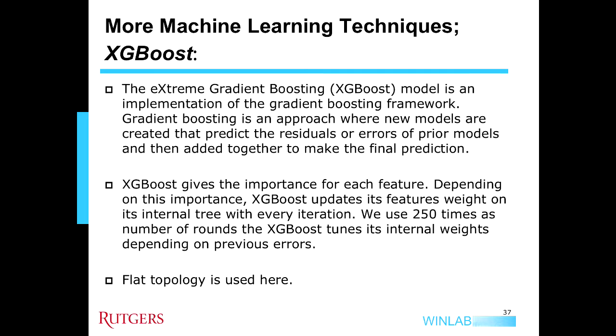It also computes the importance for every feature, and depending on that importance, the weights and the parameters will be adjusted. So we use 25 iterations for every training, and we use the flat topology only in our XGBoost system.